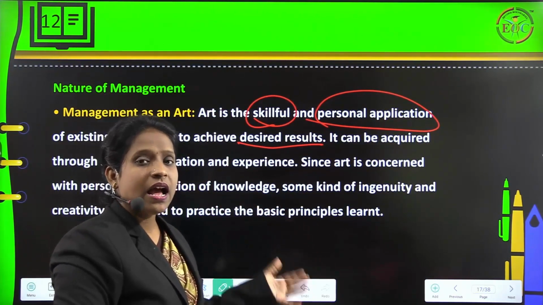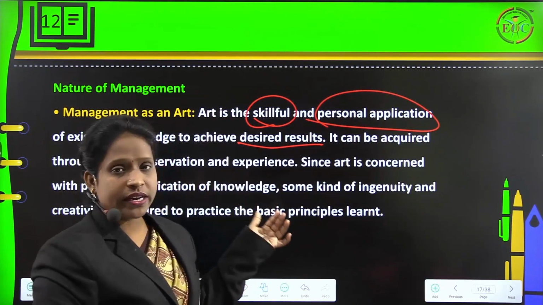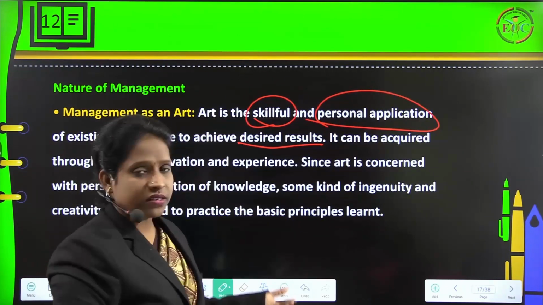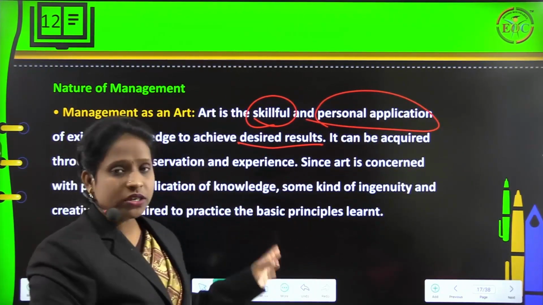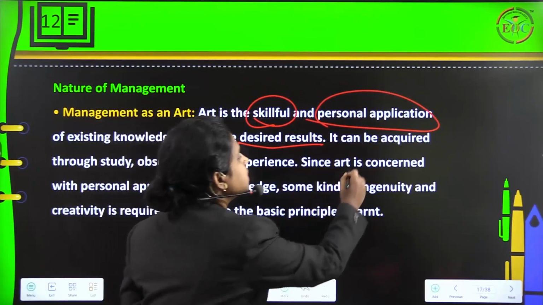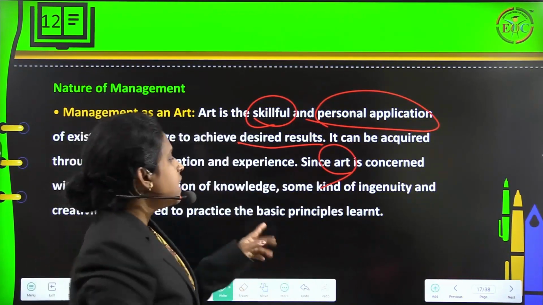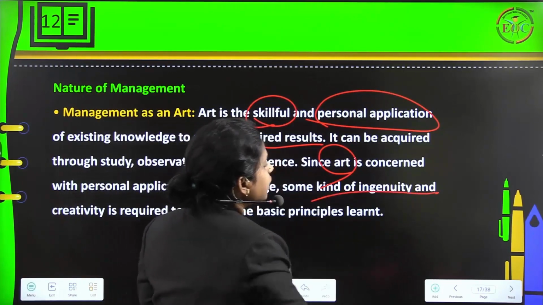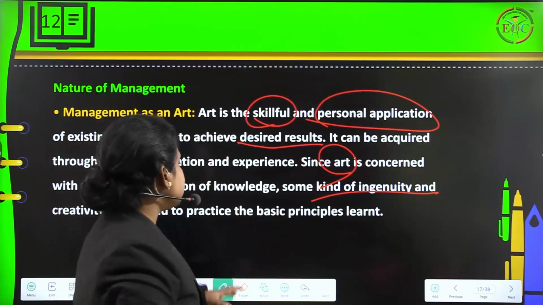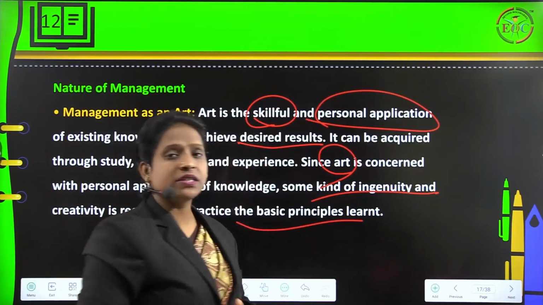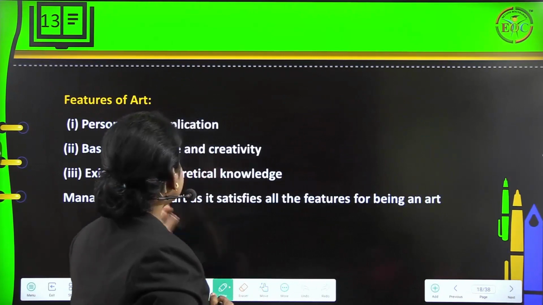You should have a skill and an application mind of existing knowledge to achieve desired results. It can be acquired through study, observation and experience. Since art is concerned with personal application of knowledge, some kind of ingenuity and creativity is required to practice the basic principles learnt.